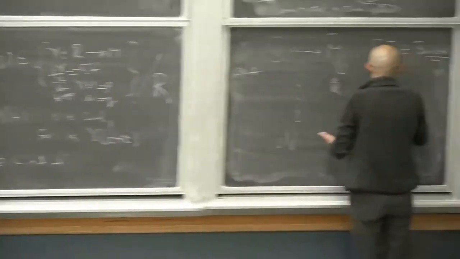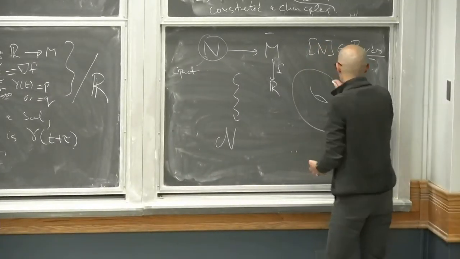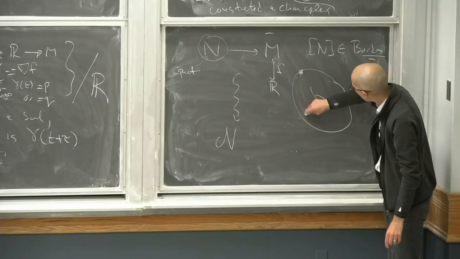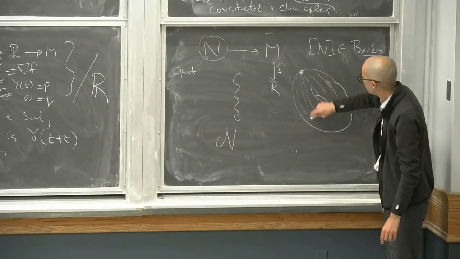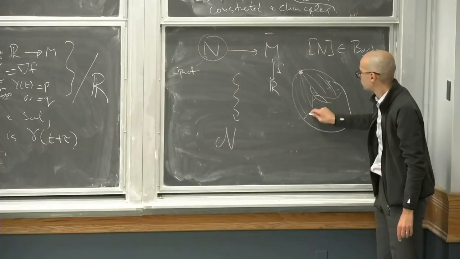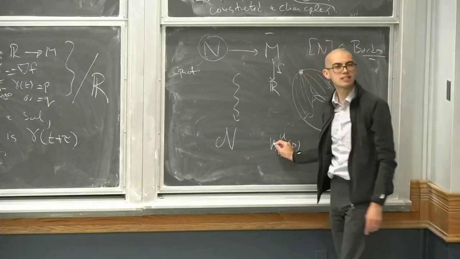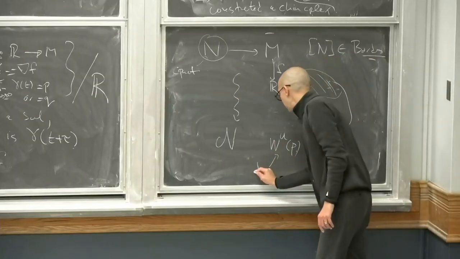Okay. Now, how do I do it? Well, what could I possibly do? I have this critical point, and it has a descending manifold. So I take W unstable of P, this is the name of the descending manifold.